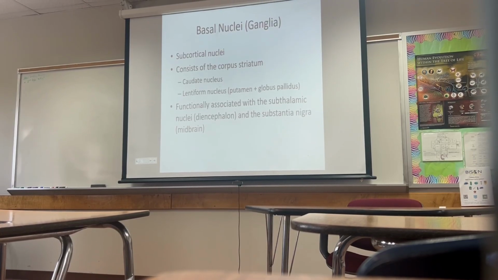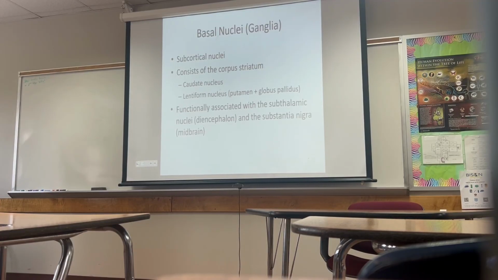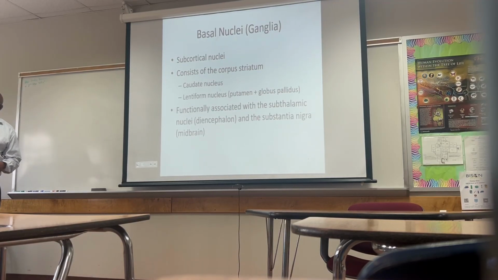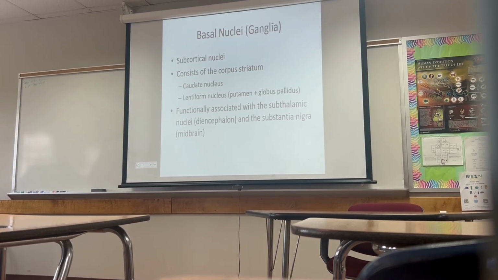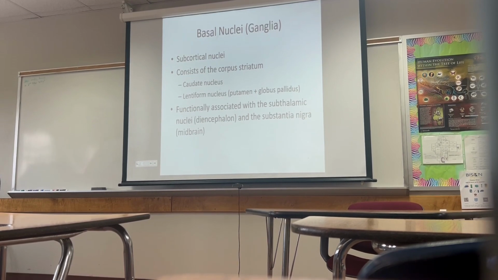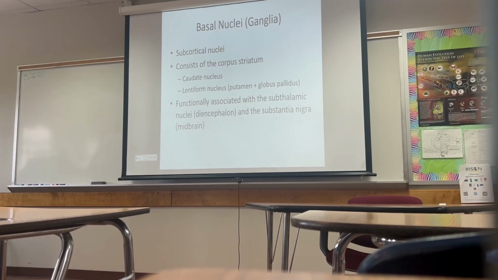Nuclei. Ganglia. Gotta be familiar with nuclei and ganglia. I just want you to be familiar with the general definition of nuclei and ganglia, okay? Groups of cell bodies in the central nervous system are called nuclei.